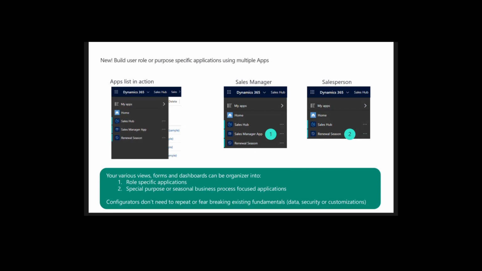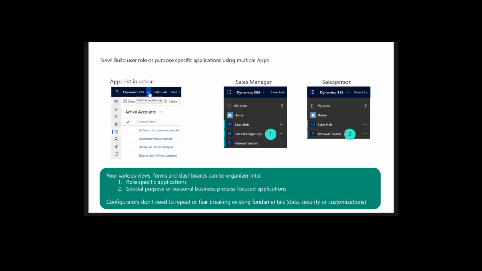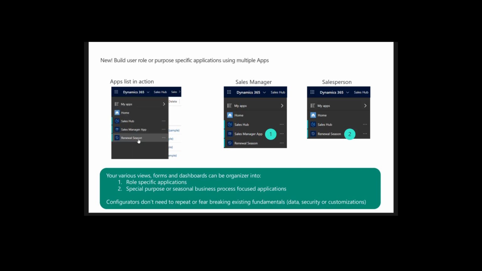All right, so another big change that will impact and probably need some assessment moving forward for your organization is the ability to create tailored and role purpose-driven apps. So no longer does all sales and sales support and sales management need to necessarily use the same app.